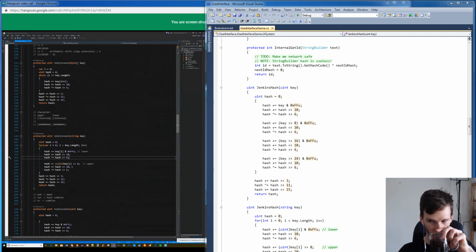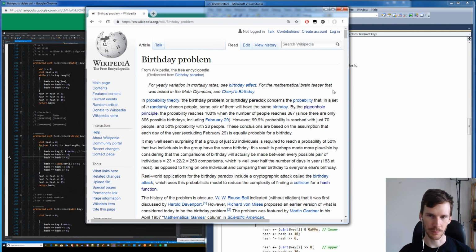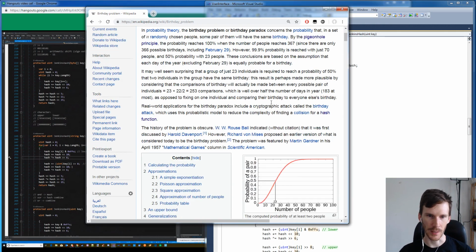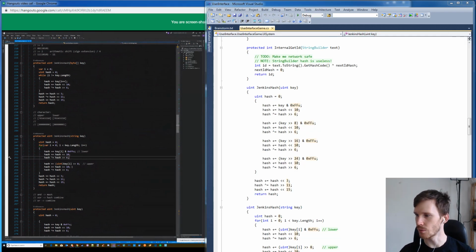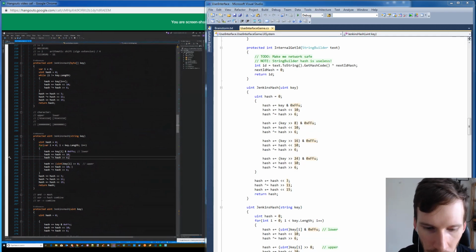The next thing to look at is something called the birthday problem. Basically this is how you calculate the likelihood of a collision. I want to go through a quick example before we look at the page too much.